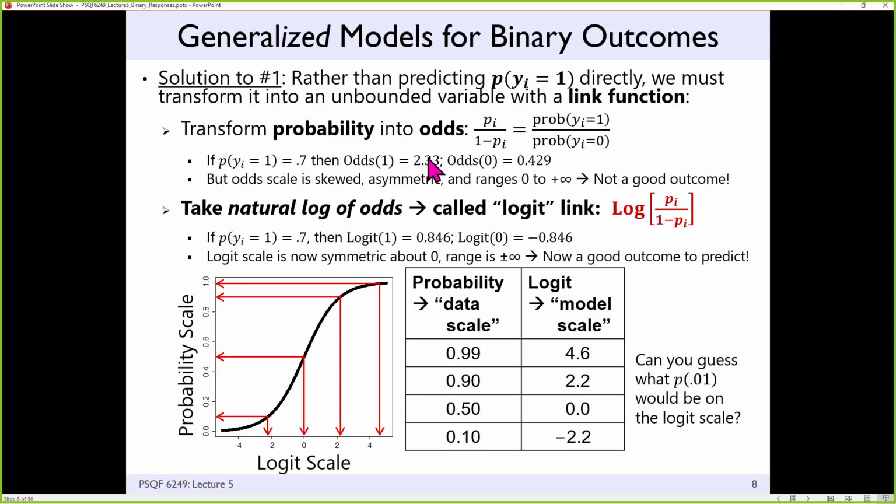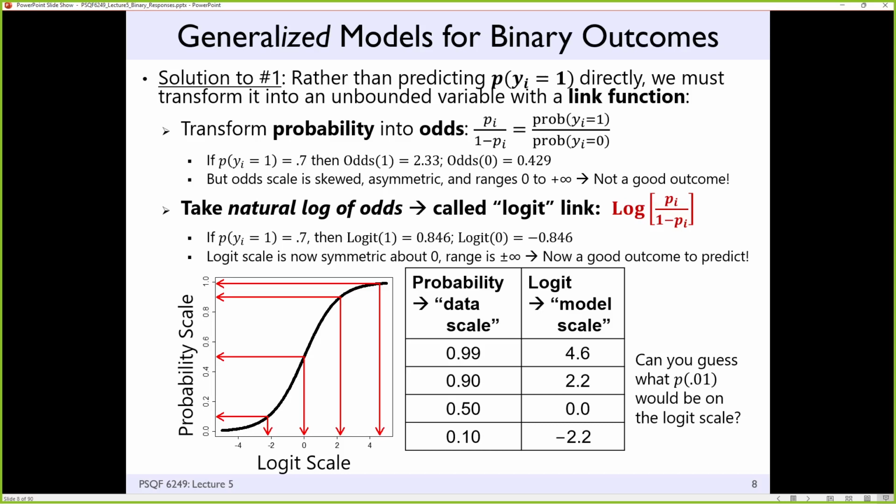It's above 1, so I know that means a 1 is more likely than a 0. But if I go the other way, if I try to predict the odds of a 0, then it's 0.3 divided by 0.7, and I get this number, which is somehow the same. It's telling me the same information, but not really. So the problem with odds is that every positive result is somewhere between 1 and positive infinity, and every negative result is sandwiched between 0 and 1. That's why I hate odds.